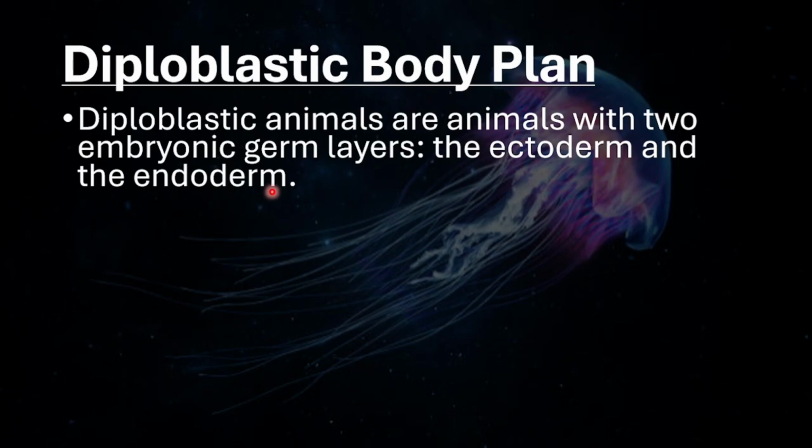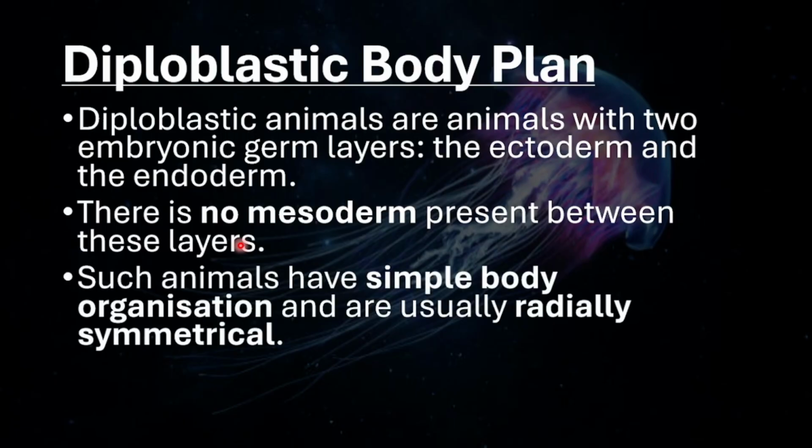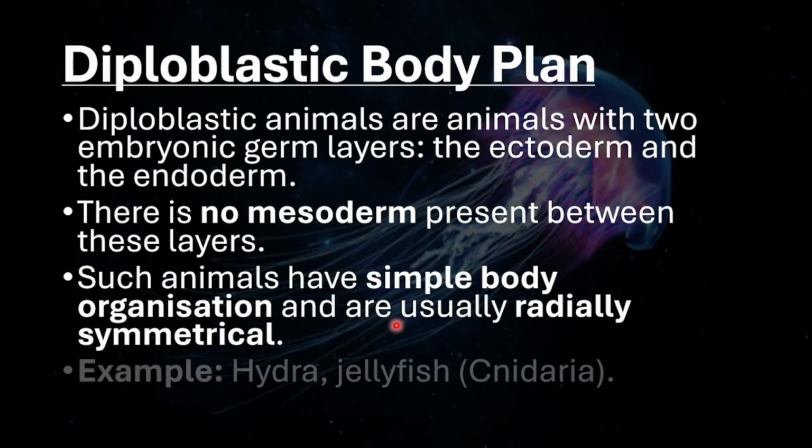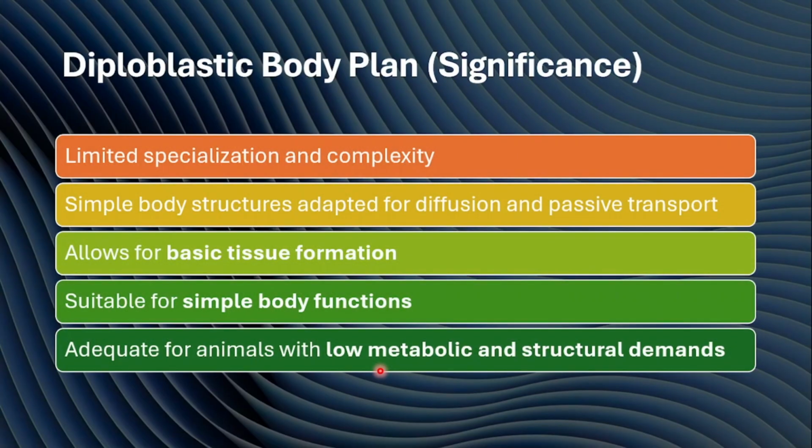Well, they're missing the middle one. That is going to be the mesoderm. So there's no mesoderm present between these layers. Such animals have simple organization and are usually radially symmetrical. Examples would include the hydra, jellyfish, etc.